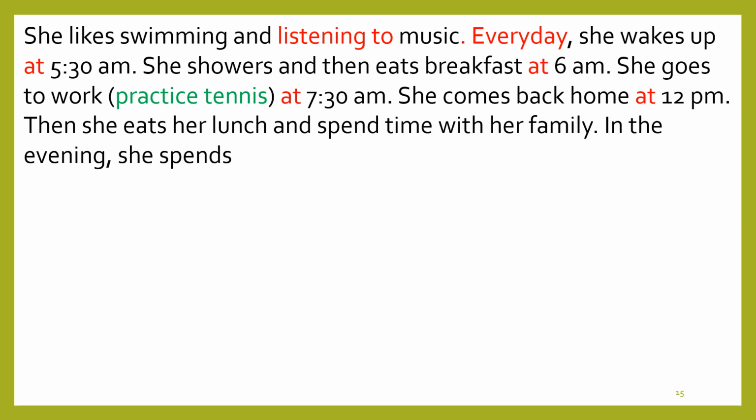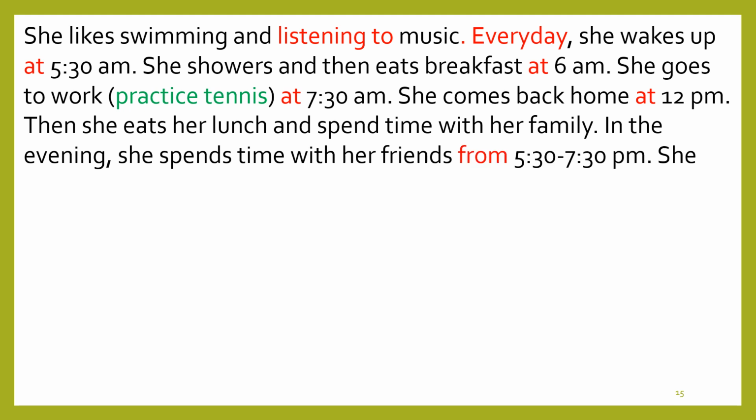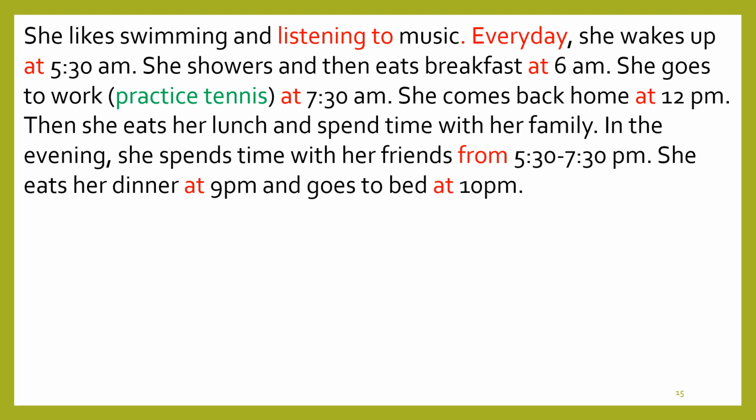In the evening, she spends time with her friends from 5:30 to 7:30 p.m. She eats her dinner at 9 p.m. and goes to bed at 10 p.m. These are her hobbies and daily routine.